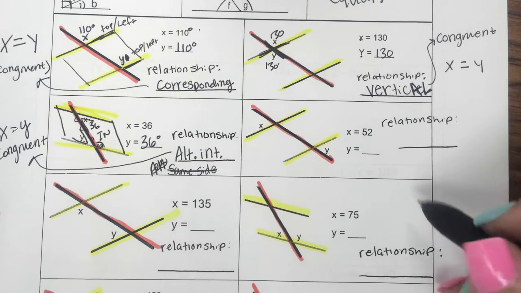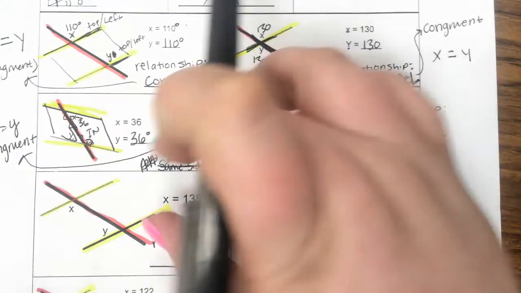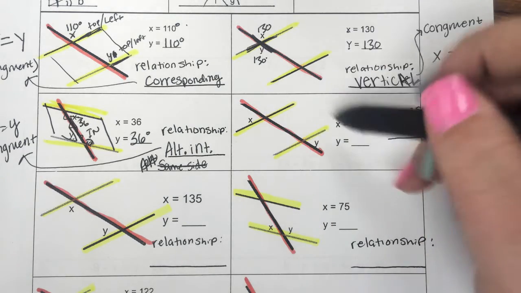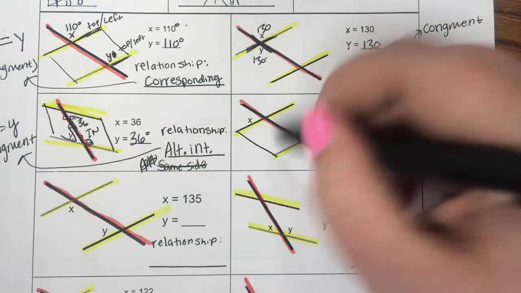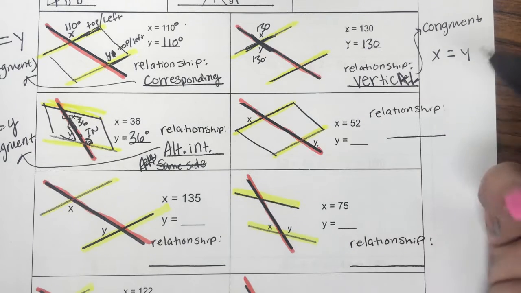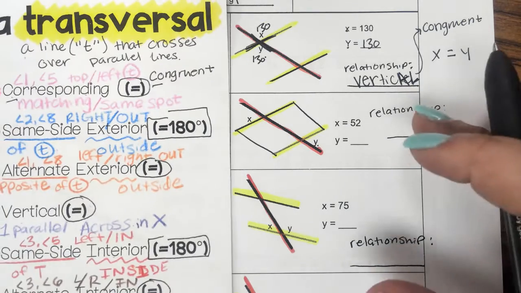Looking at the next example, second row on the right. First, let's look at the relationship between X and Y. I'll close the box with my parallel lines. X and Y are both on the outside, so I know I'm dealing with some sort of exterior angles.